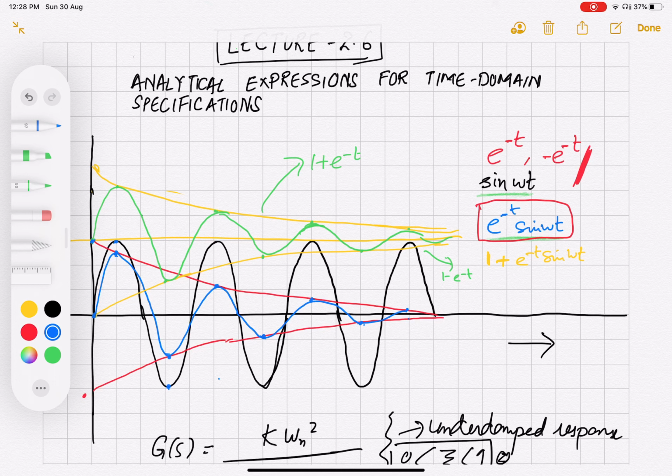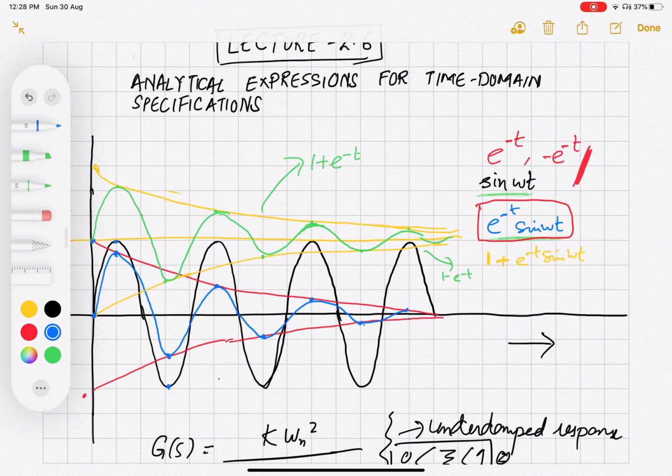My peak is here on the sine omega curve. It is here on my e to the power minus t sine omega curve, but it is being multiplied by e to the power minus t. But what is happening on the negative side is that when my peak is here at minus 1, it will be at minus e to the power minus t, because now I'm also multiplying with minus 1.